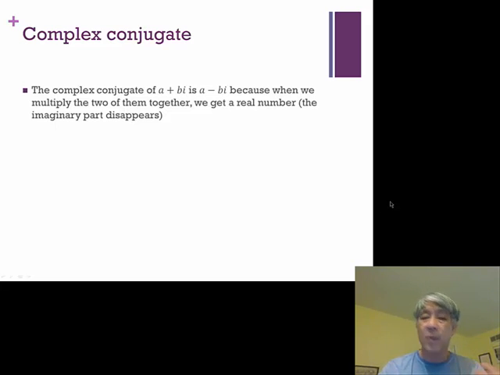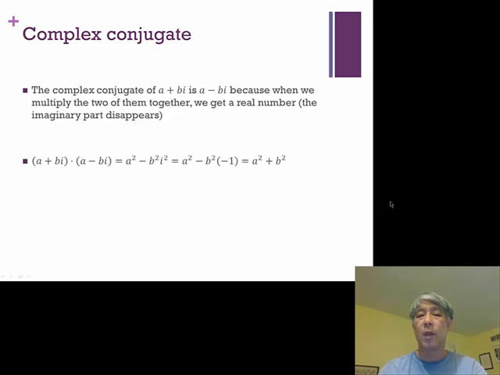The imaginary part basically disappears. So a plus bi times a minus bi, when we FOIL it out, simply becomes a squared minus b squared i squared, or after making the substitution for i squared, it becomes a squared plus b squared.